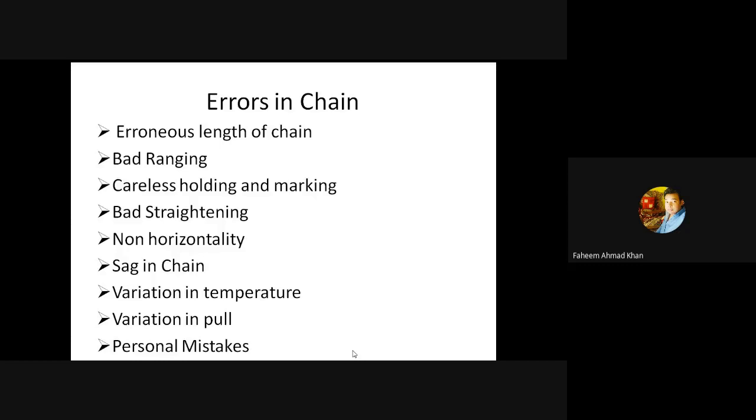Coming on to the variation in temperature, it is cumulative in nature. It may be positive or negative. When a chain or tape is used at a temperature different from that at which it was calibrated, its length changes, which means that a change in temperature changes the length of the chain or tape. Due to the rise in temperature, the length of the chain increases.